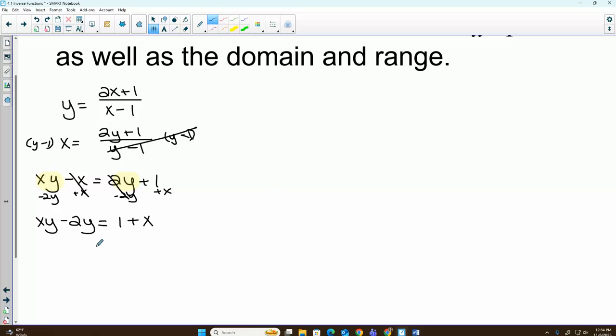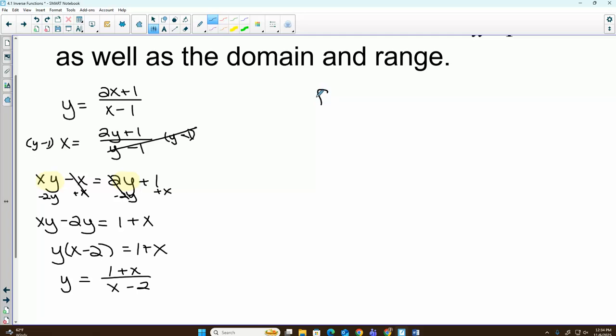Both of these terms have a y, so what do we do now? Factor out a y. So the final step to get y by itself would be to divide by the x plus 2. Or sorry, x minus 2.